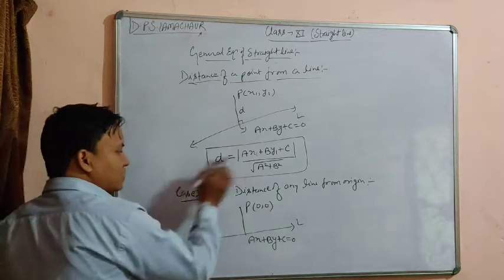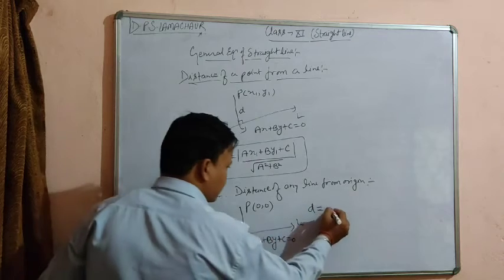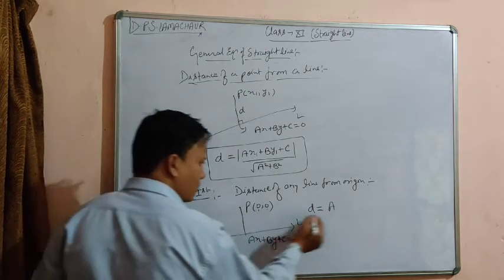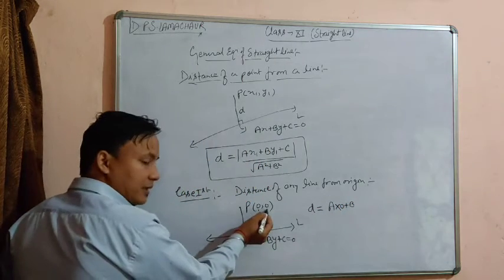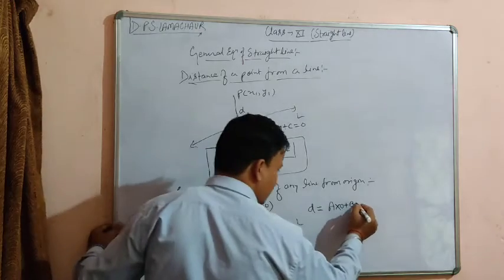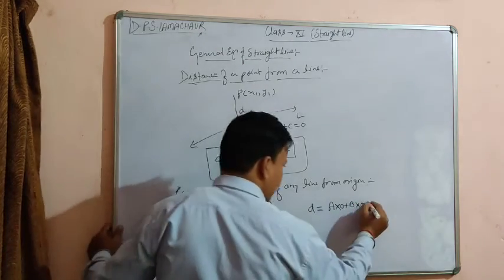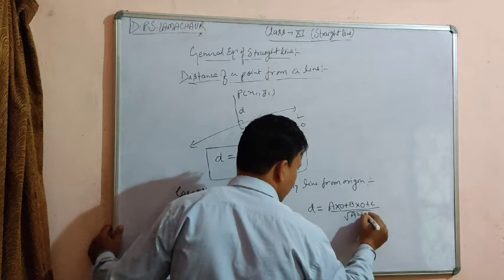Now applying this formula, what is the distance? x will be replaced with x1 and y1, which are 0, 0, so a into 0 plus b into 0, because y1 is 0 again since this is the origin. So a x1 plus b y1 plus constant c upon root a square plus b square.